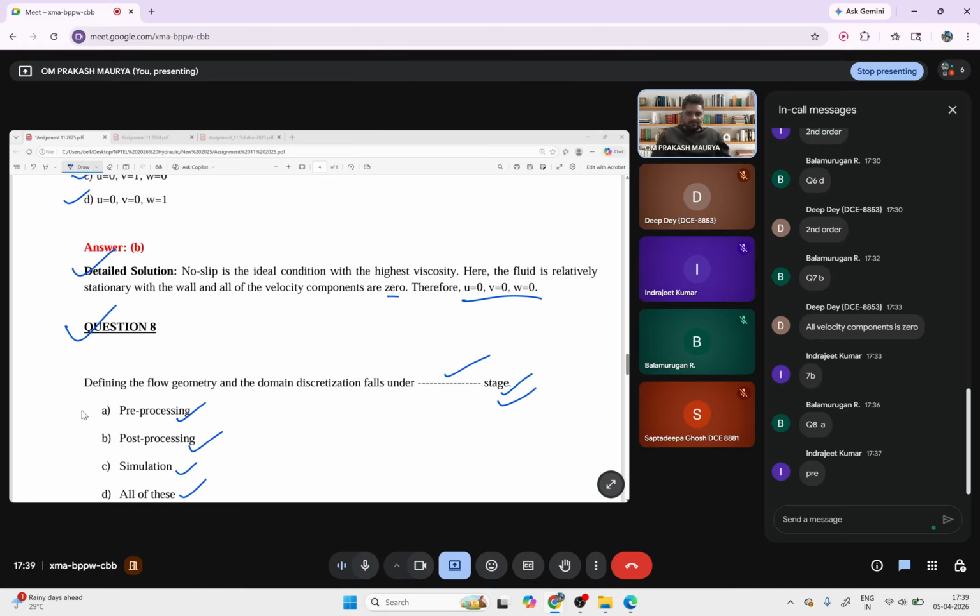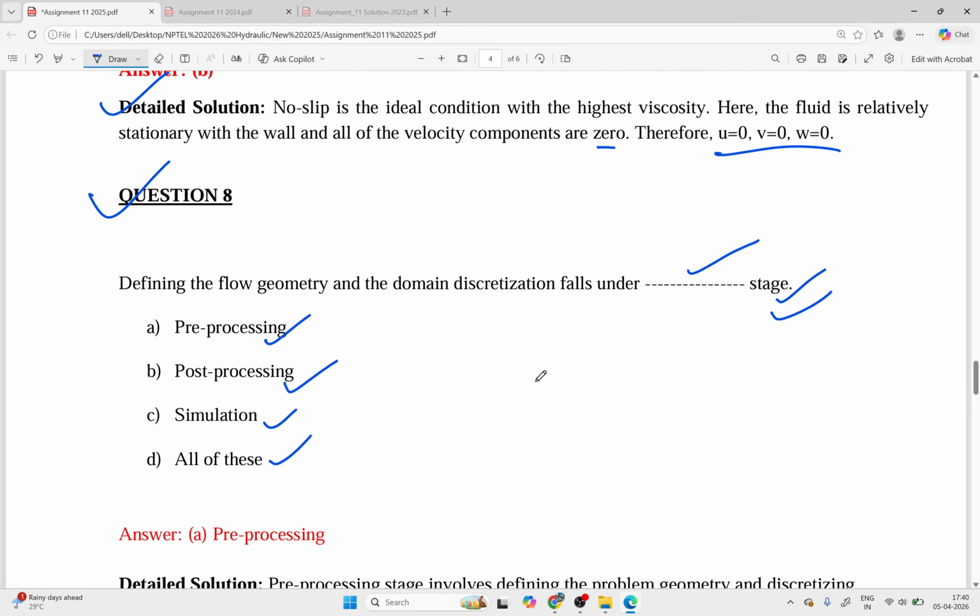Okay, let me just go ahead with the solution. Here definitely it is pre-processing. Once you are ready with your equations and code, you cannot solve the equations by hand, so you need some code.